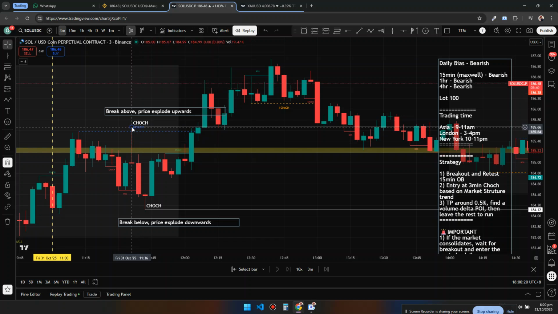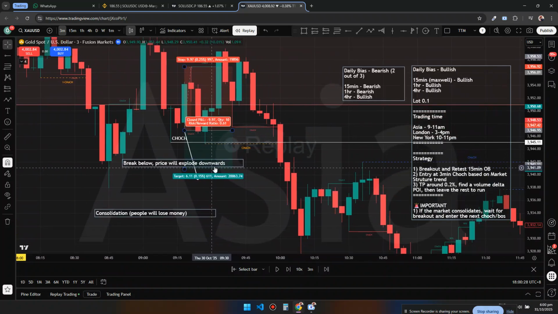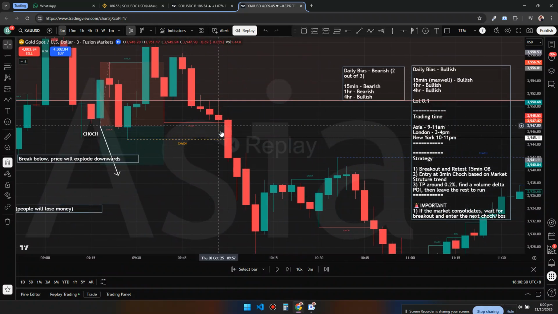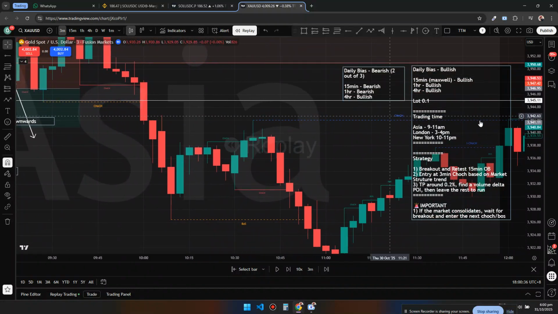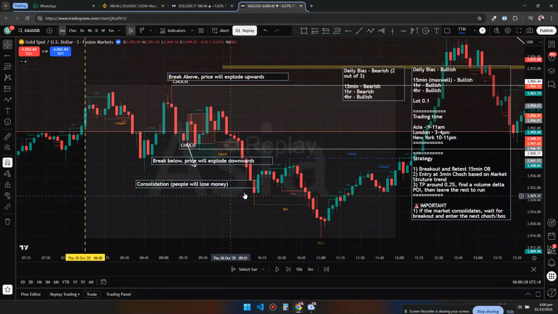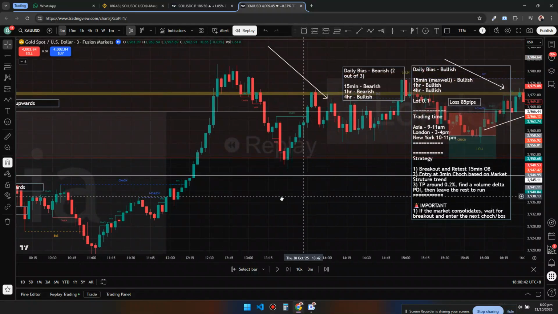So price went above this area and then it just went up aggressively. So back to gold. Price broke below this change of character and then it sold off aggressively. So I didn't take this trade. I was learning and observing.